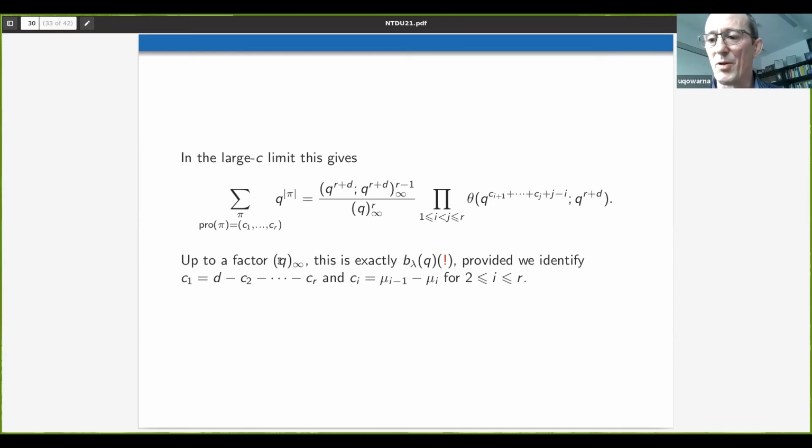So it's essentially just up to a Dedekind eta function. This is precisely a branching function of these admissible representations.